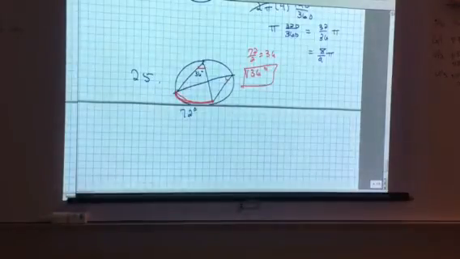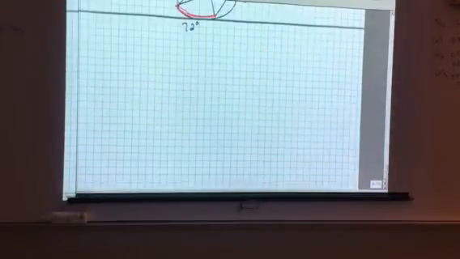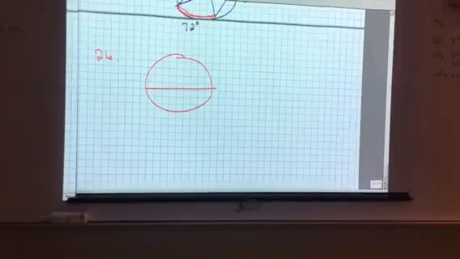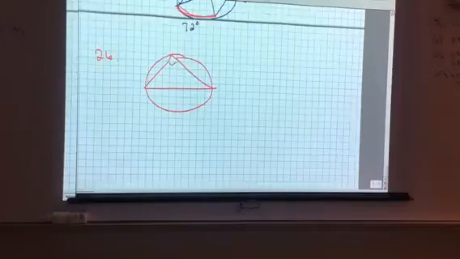So, all right. Moving forward to 26. They give us this is a diameter that's going to cut the circle right in half. It says DAB are right angles, so I have a right triangle up here.